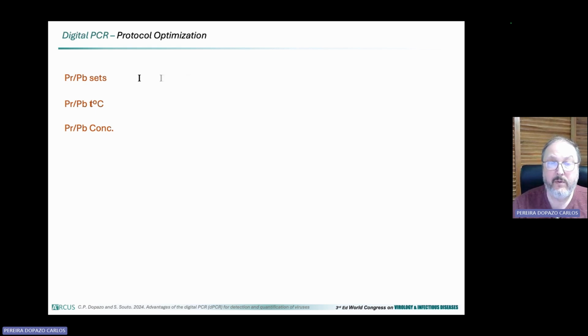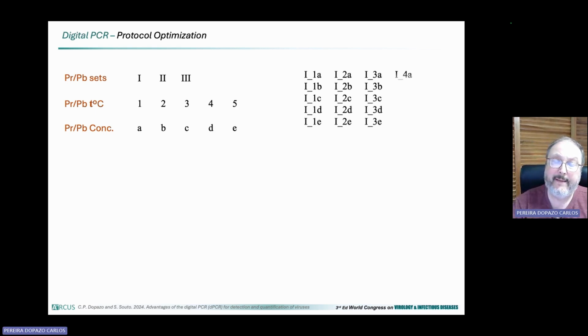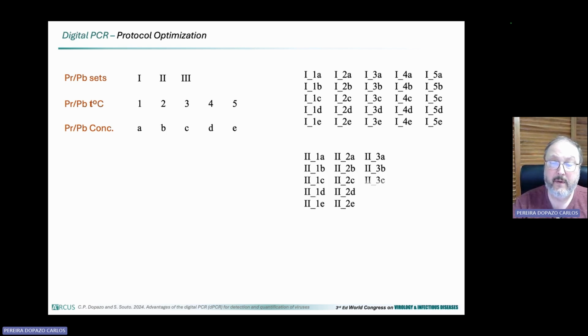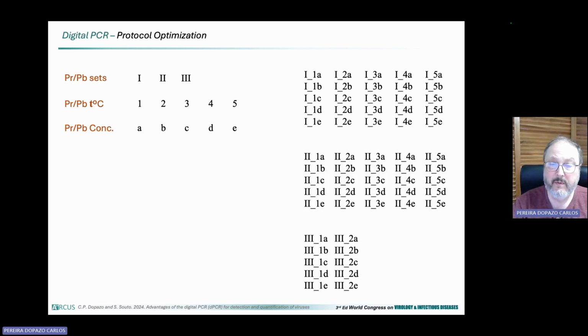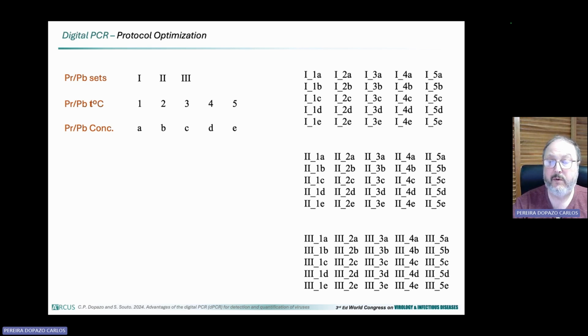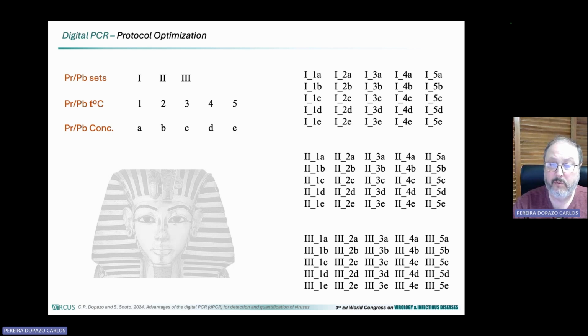Then, if we want to do it correctly, we need to apply many assays to ensure the correct optimization of the protocol. As my advisor when I was a PhD student used to say about my designs of experiments, this is a pharaonic design, which means that you have to spend lots of money and lots of time.